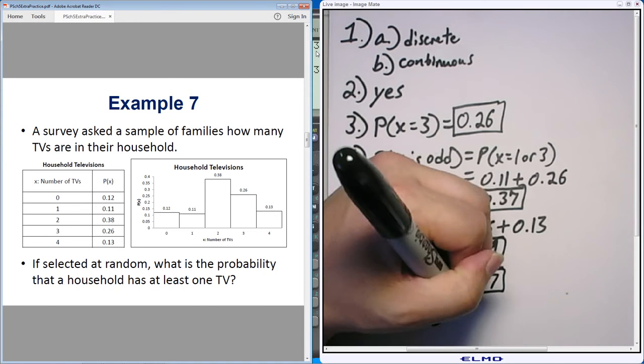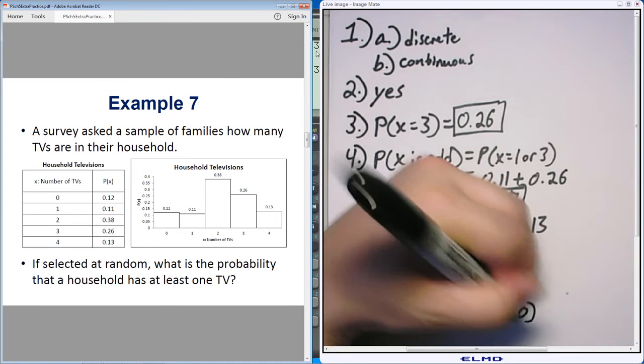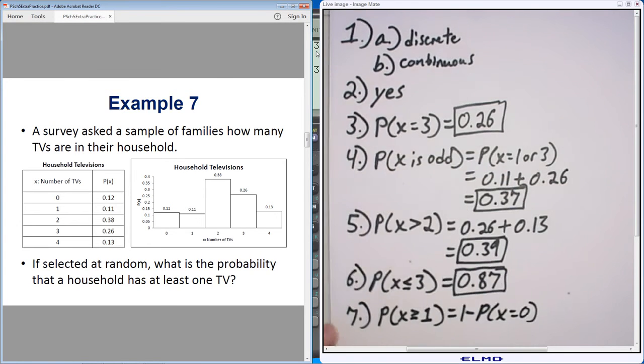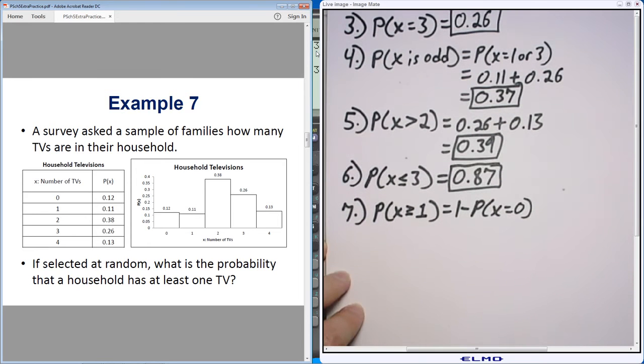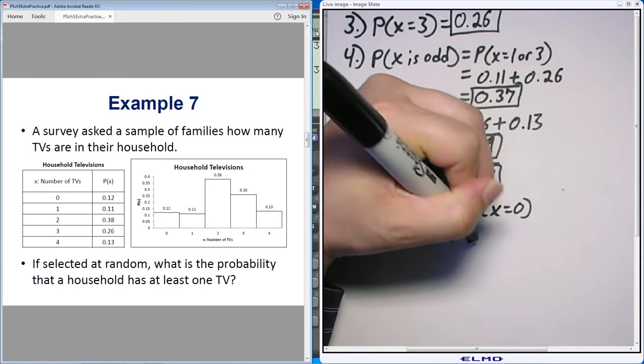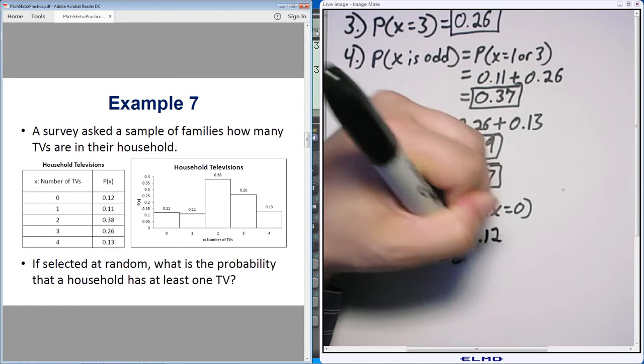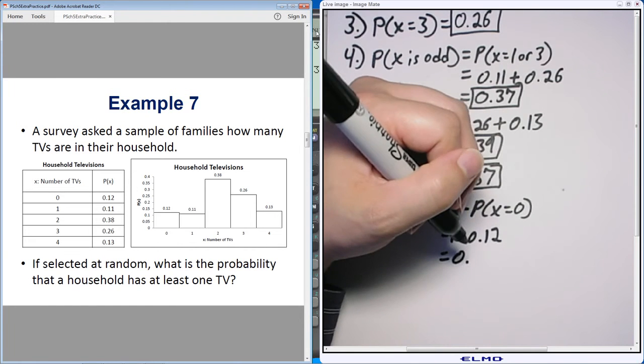Or we could do 1 minus the probability that X equals 0, since those are all the numbers except 0. Let's do that as a shortcut. That'd be 1 minus 0.12, which is going to be 0.88.